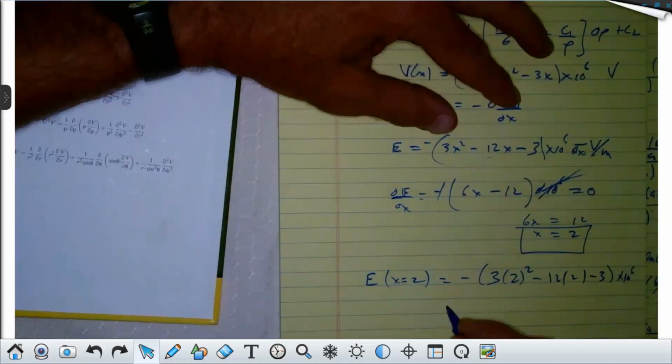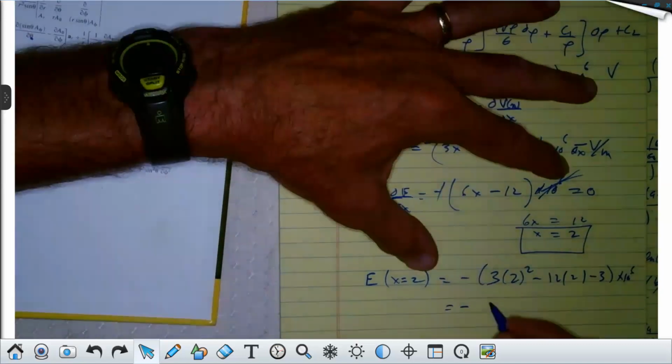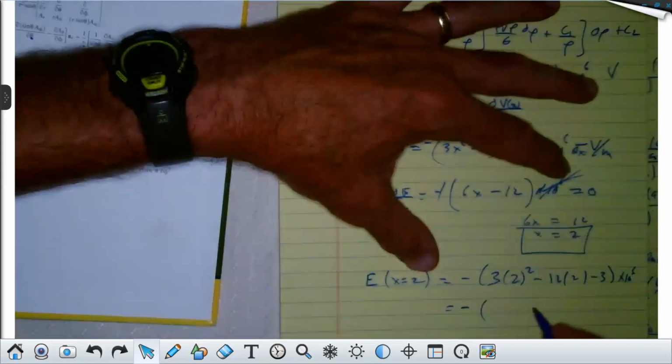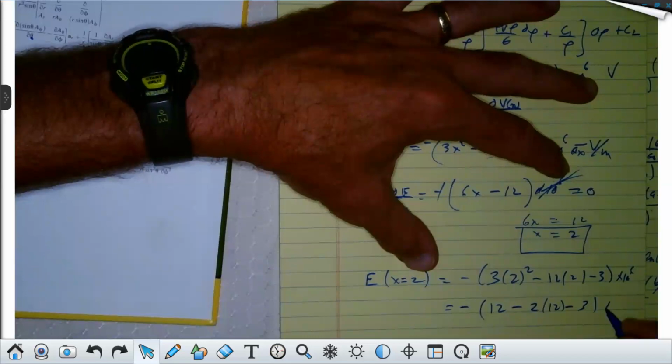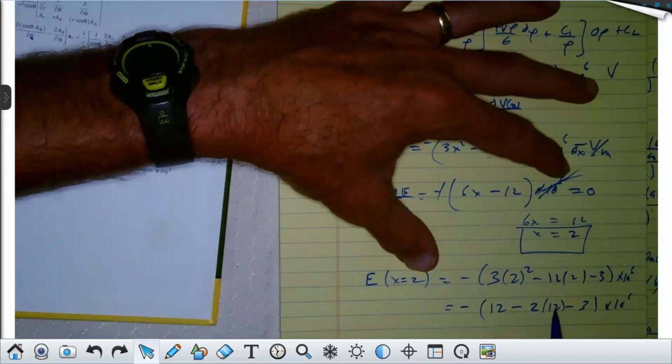That's 4 times 3 is 12, minus 2 times 12, minus 3, times 10 to the 6th. So 12 minus 2 times 12 is just minus 12. Minus 3 is minus 15, or really 15 times 10 to the 6th volts per meter.